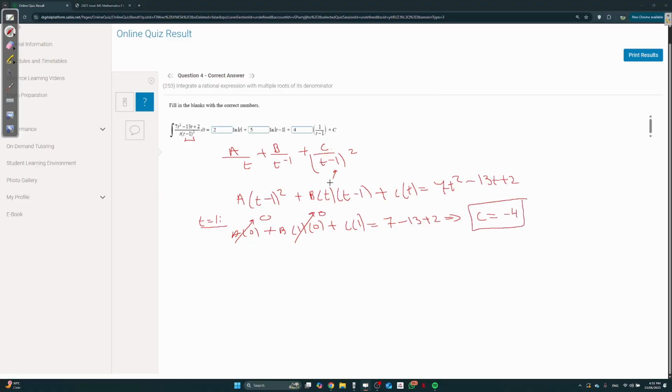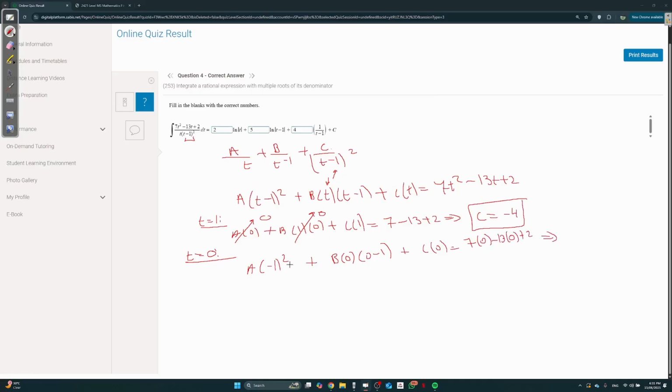What's our second zero? Your second zero is t equals 0. Right? t equals 0 will give you a 0. So a into negative 1 squared, plus b into 0, 0 minus 1, plus c into 0 equals 7 into 0 minus 13 into 0 plus 2.